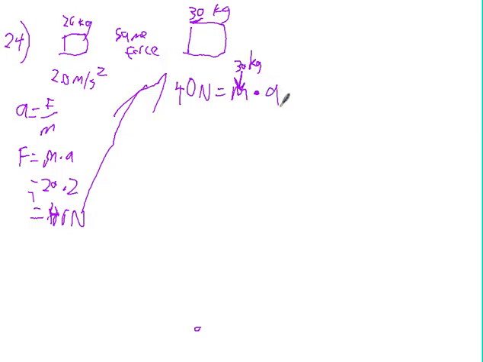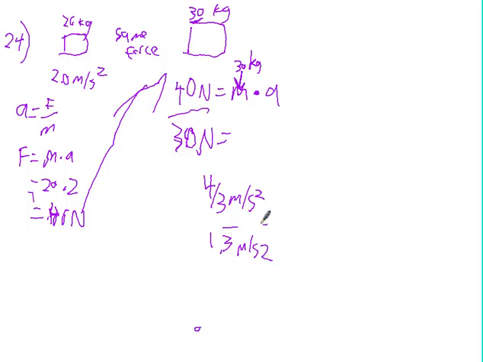We don't know that yet, so we can do 40 divided by 30. So 40 divided by 30 is 4/3 of a meter per second squared, or 1.3 meters per second squared. I would accept either one.